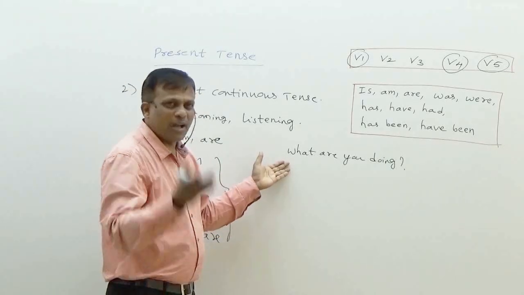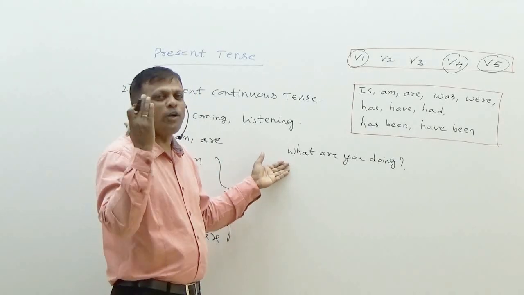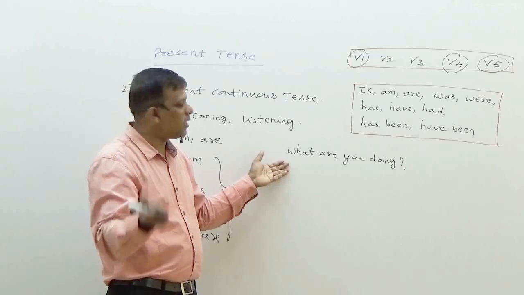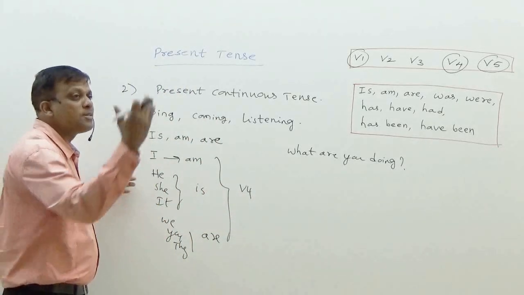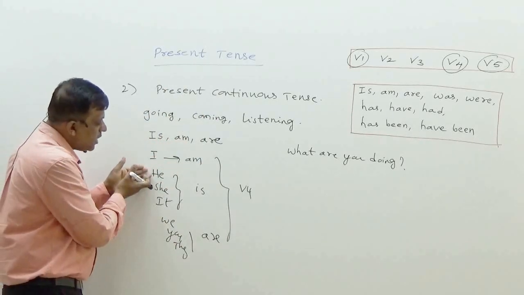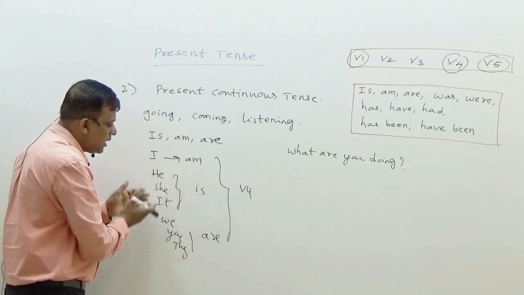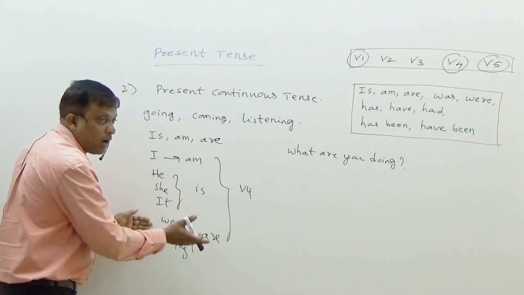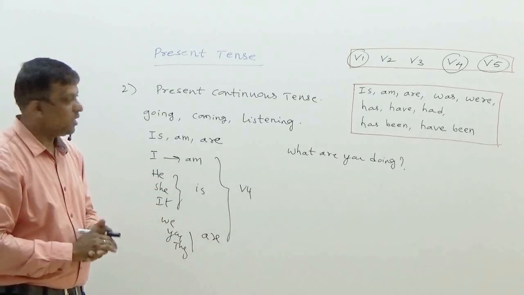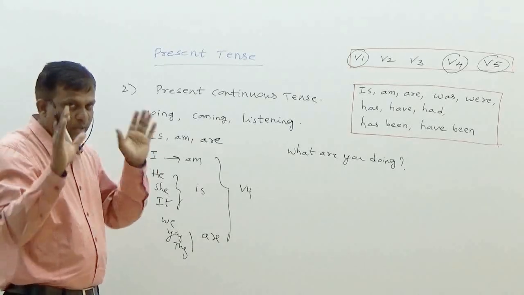Yes. Ask a question to yourself. What are you doing? And then go on giving answers using I am. Then if you observe someone doing something, use he is, she is, it is. Right? And we are, you are, and they are. I hope present continuous tense is very clear to you.